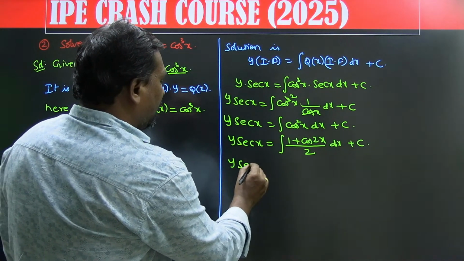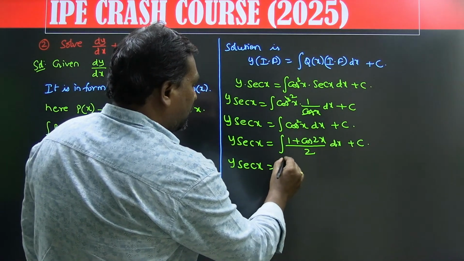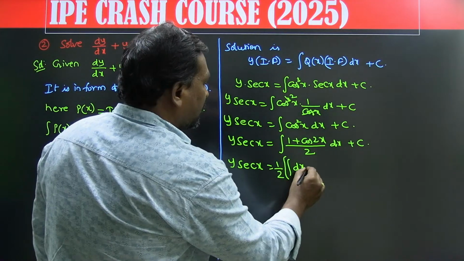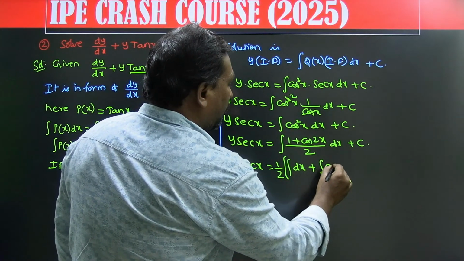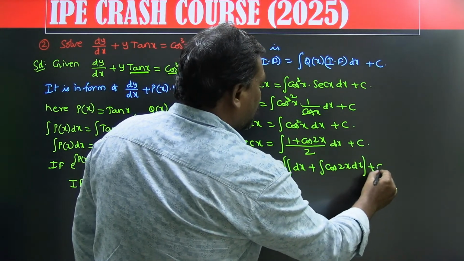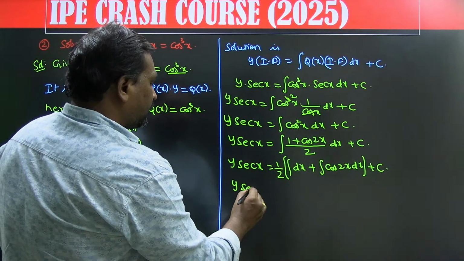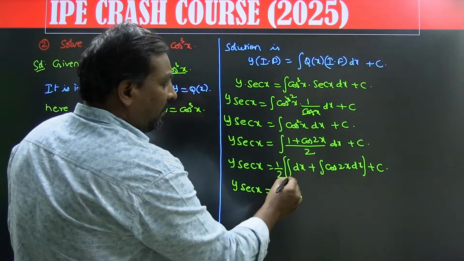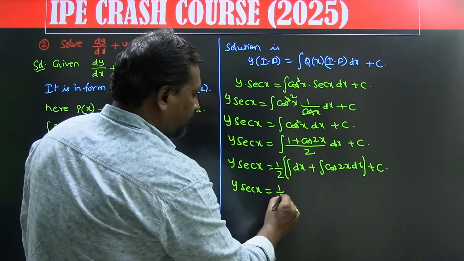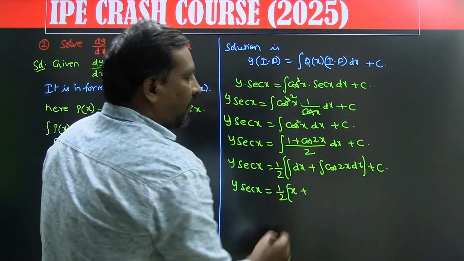So here, y into secant x is equals to 1 by 2 outside, integral of dx plus integral of cos 2x dx, plus constant c. Integral dx is x, plus integration of cos ax.